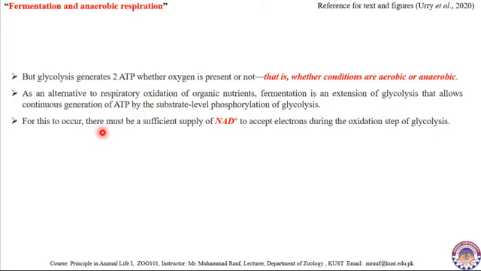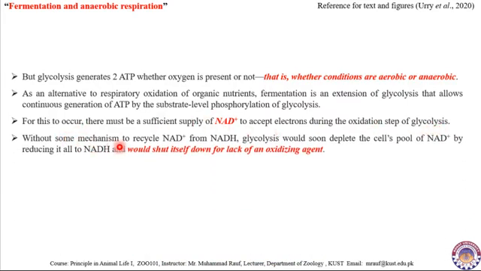For this to occur, there must be a sufficient supply of NAD to accept electrons during the oxidation step of glycolysis. So NAD in this form is vital for the survival of the glycolytic pathway, because it accepts electrons. If it is not available, if there is no acceptor of electrons, then this process will cease, it will stop.